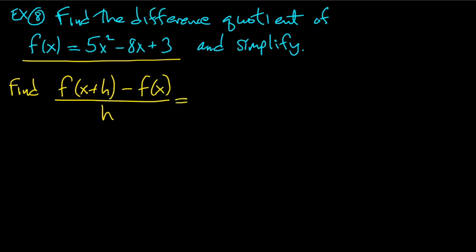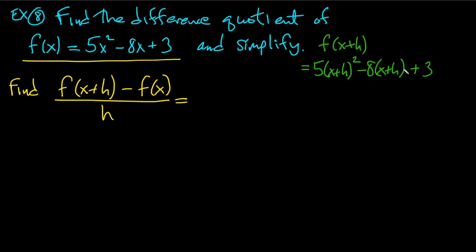So the first part, of course, is to find f of x plus h. Everywhere I see an x, I just have to change that to what's inside the parentheses, namely x plus h. So f of x plus h is going to be 5 times, instead of x squared, it's now x plus h squared, minus 8 times, again, instead of x, it's now x plus h, plus 3.